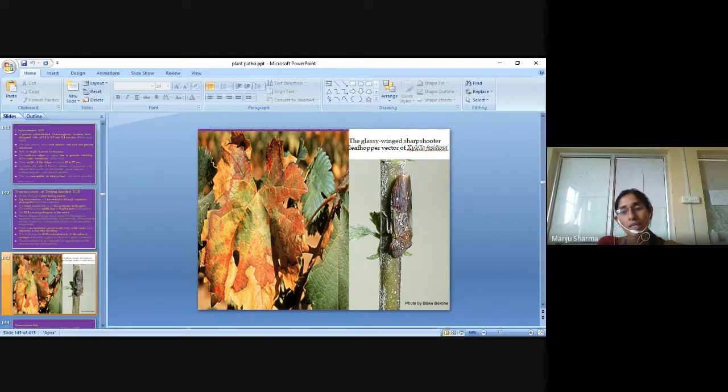It feeds on the xylem, and by this the disease is transmitted. Here the glassy-winged sharpshooter leafhopper is the vector of Xylella fastidiosa, which causes the disease. These are the xylem-limited bacteria, and these are the symptoms after infection by Xylella fastidiosa.